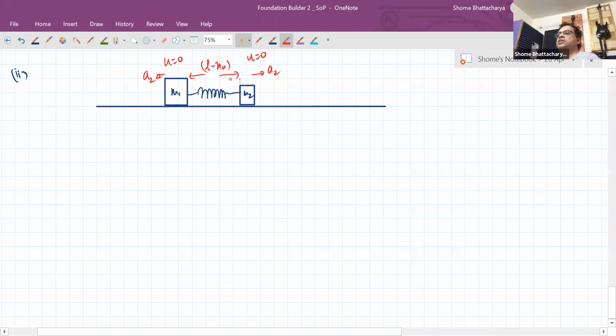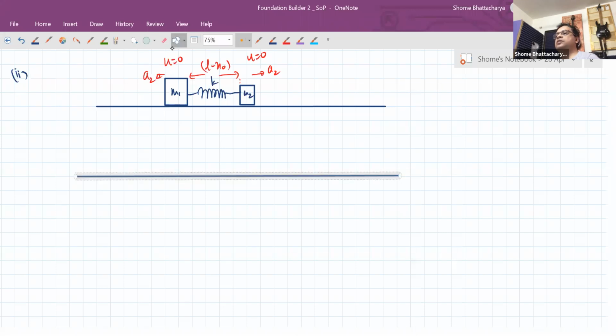Now after some time, when the spring comes back to natural length position, by then the blocks have shifted by a certain amount. Let's say this block has shifted here, and this block has shifted somewhere here.